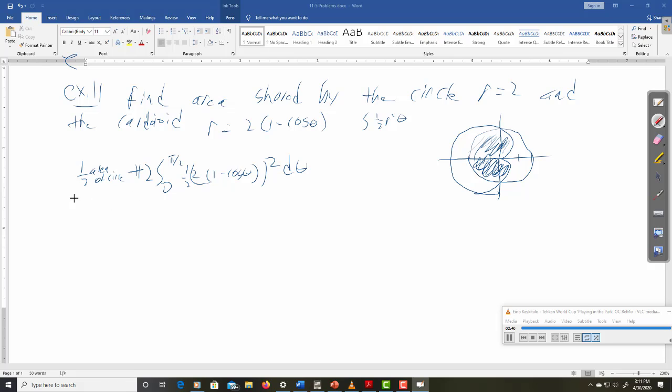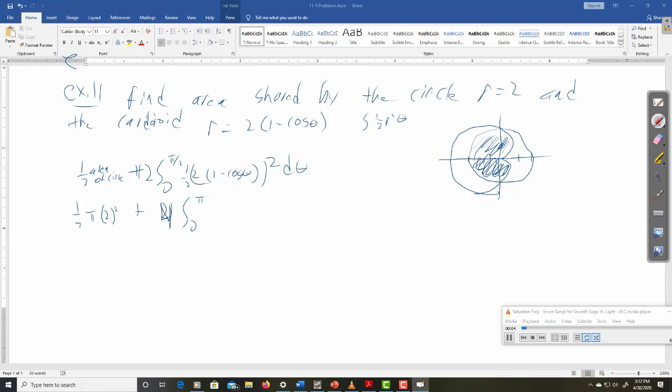That's easy enough: half the area of the circle with radius 2 is 1/2 pi times 2 squared. And then plus 2 times, square the 2, then half it, you're back to 2, so we can bring out a 2 and get 4.